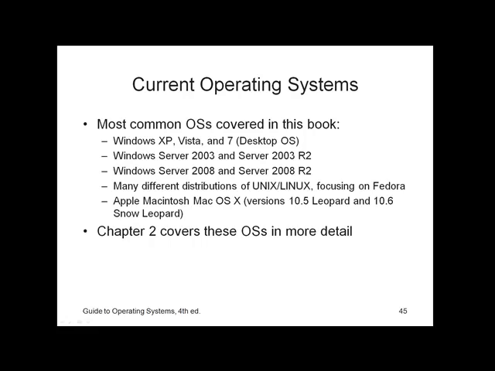You still see this a lot in many server environments, while Windows Server 2008 and Windows Server 2008 R2 are becoming more commonplace. There are many different distributions of Unix and Linux. In this lecture, we'll focus on Fedora and SUSE. And Apple Macintosh, Mac OS X, versions 10.5 Leopard and 10.6 Snow Leopard. In Chapter 2, we're going to talk about these operating systems in more detail.